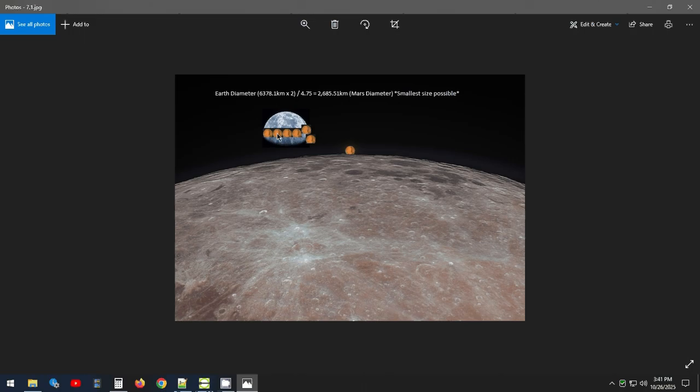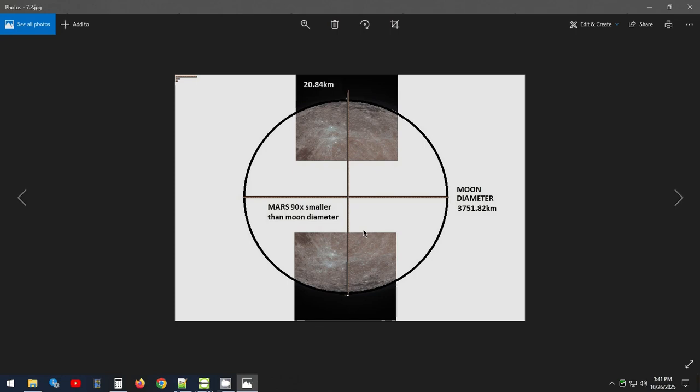So we have 4.75, and that gives us a smallest possible size of the Mars diameter, which would be 2,685 kilometers.